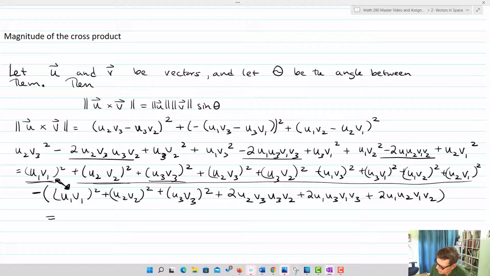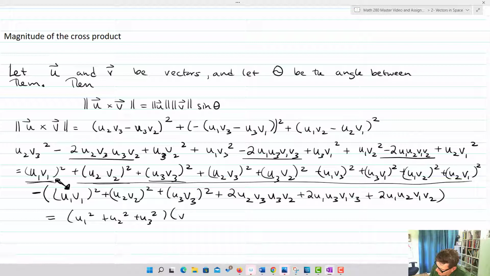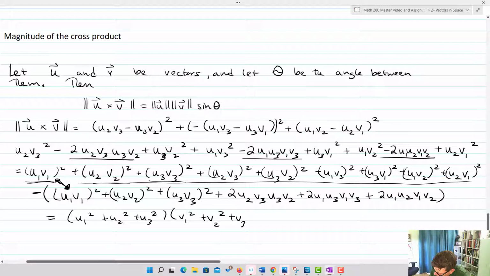They're actually a perfect square. It's a perfect square of trinomials. So it ends up being u1 squared plus u2 squared plus u3 squared times v1 squared plus v2 squared plus v3 squared. Honestly, am I going to expect you to do that?